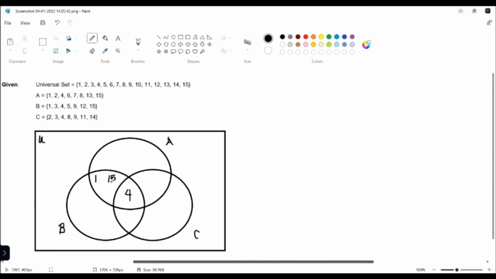Aside from 4, what are the other common elements of A and C? 2 po. Pati 8 po. Okay, aside from 2, we also have 8, and no more. So we have 2 and 8.